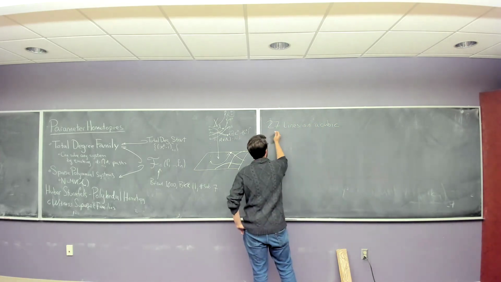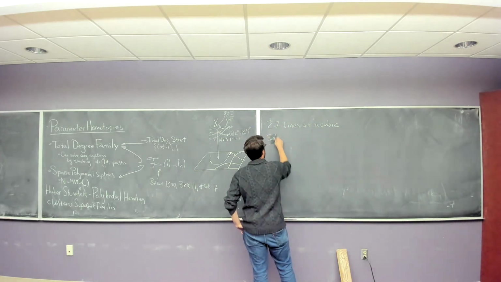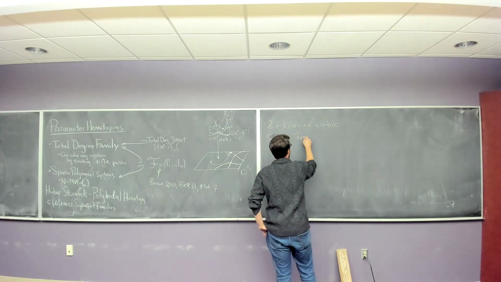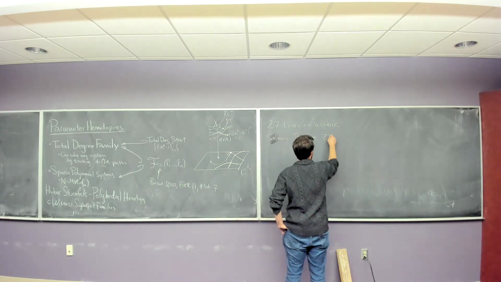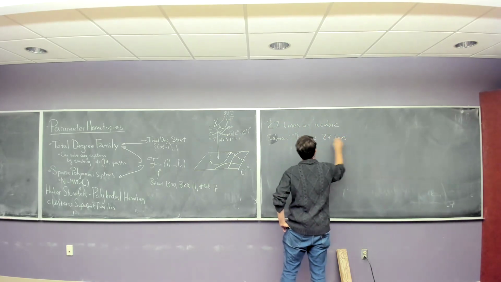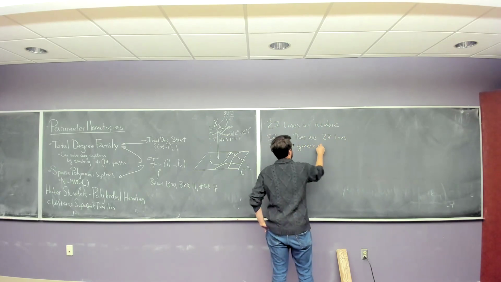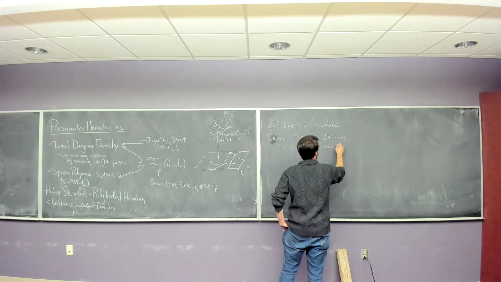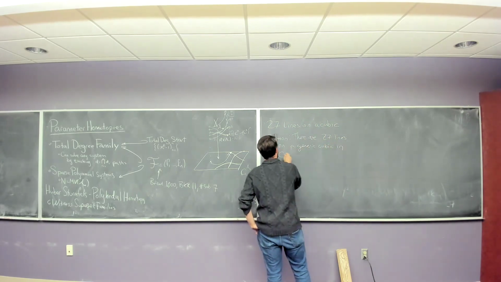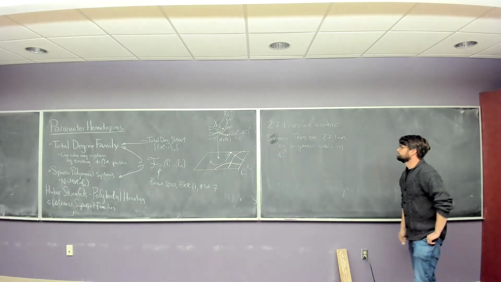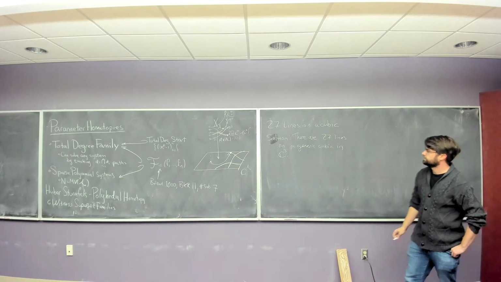So there are 27 lines on a generic cubic surface, and okay, so that's by Salmon.